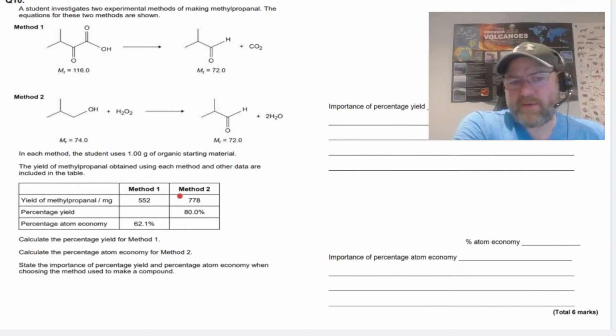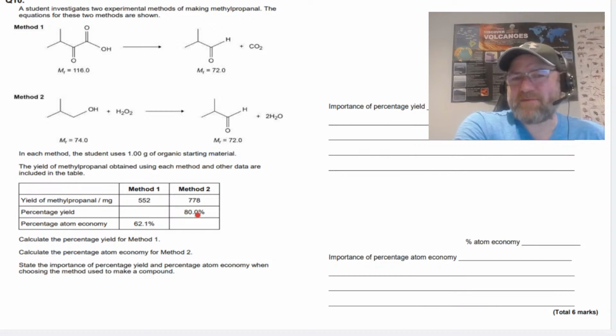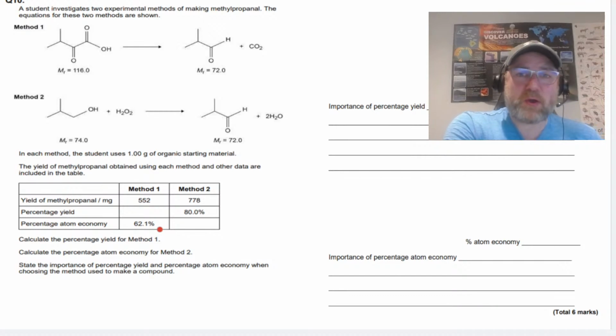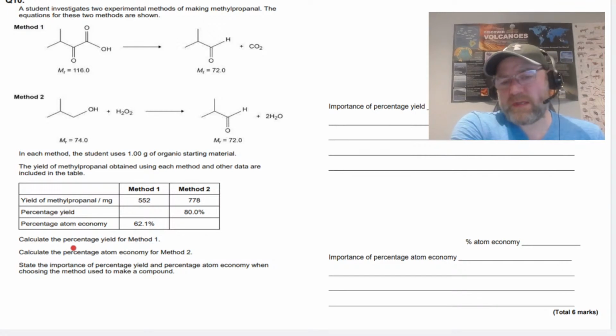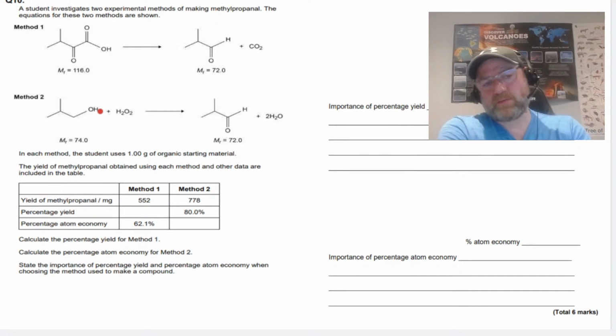What they have here is a little table with two missing bits of information. For each method, they've calculated the yield in milligrams, and they have the percentage yield, and we also have the atom economy. So this question for 6 marks is essentially asking us to calculate the percentage yield for method 1 and the atom economy for method 2.